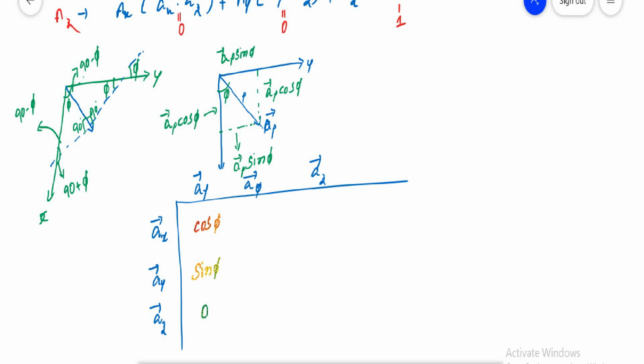Next, because these two are perpendicular to each other, A rho and AZ are perpendicular to each other, so there will be no projection. Next, AX with A phi. Let us consider AX with A phi. So this is your X and this is your Y. Let us consider this tangent, which is making an angle of phi.